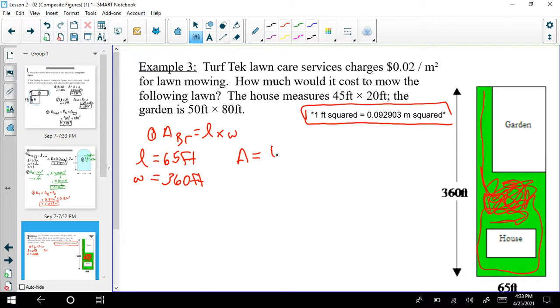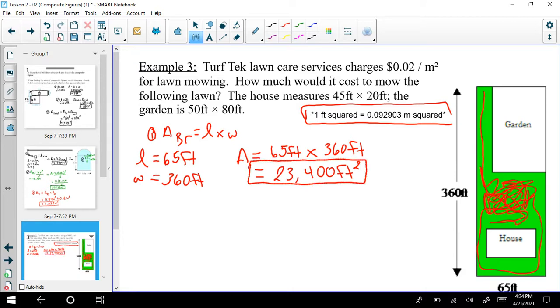My area equals 65 feet times 360 feet, which gives me 23,400 feet squared, right? Because feet times feet is squared. So then I'm just going to box it. Perfect. So we've now found the area of our big rectangle.